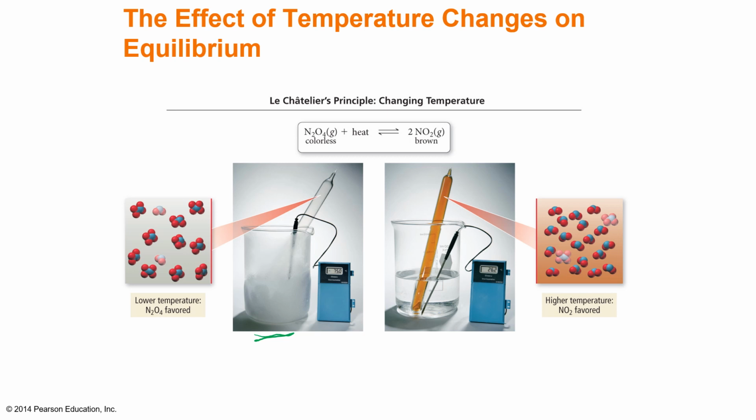If we raise the temperature, it's like adding reactant, and so it's going to shift the equilibrium to the right, to the visible brown gas of nitrogen dioxide.